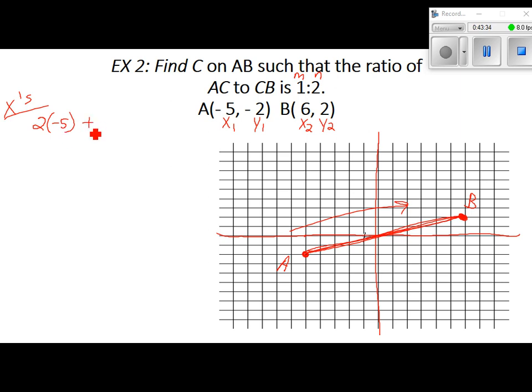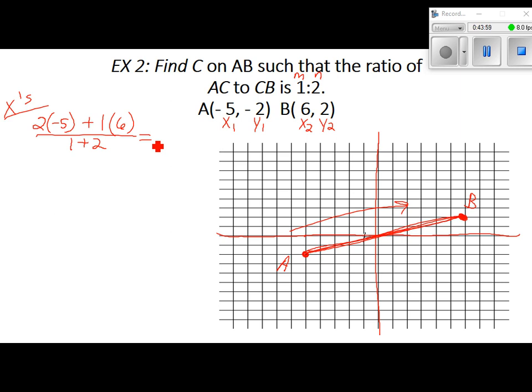Plus, what's M? 1. What's X2? 6. Over, what's M? 1 plus 2. So on top, what do you get? -4.